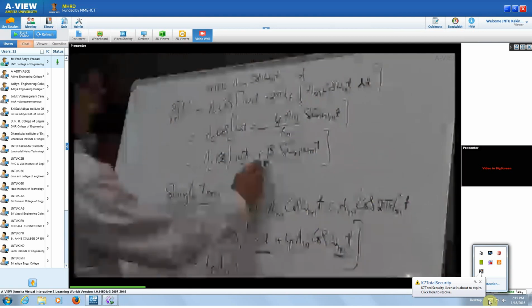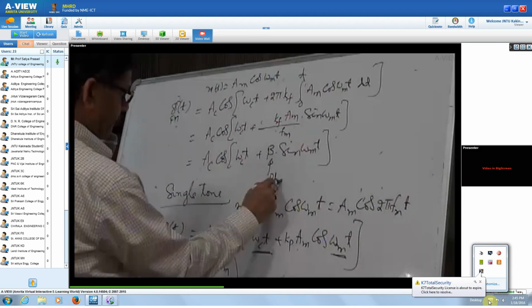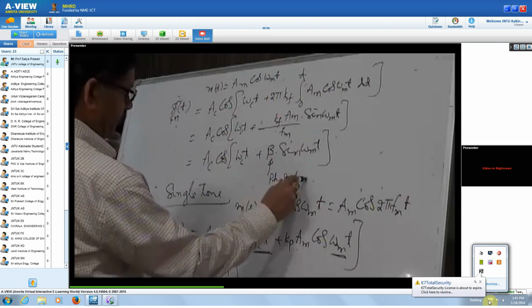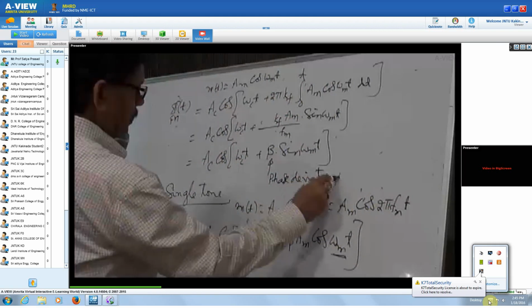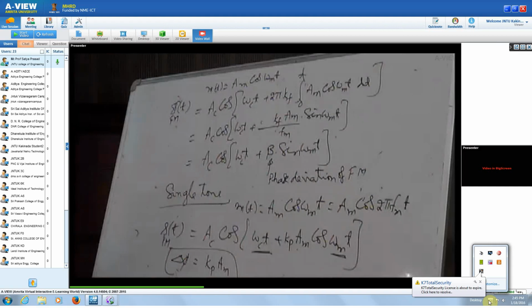This beta is the phase deviation of the FM signal, right? Omega c t plus beta sin omega m t. The maximum is beta.